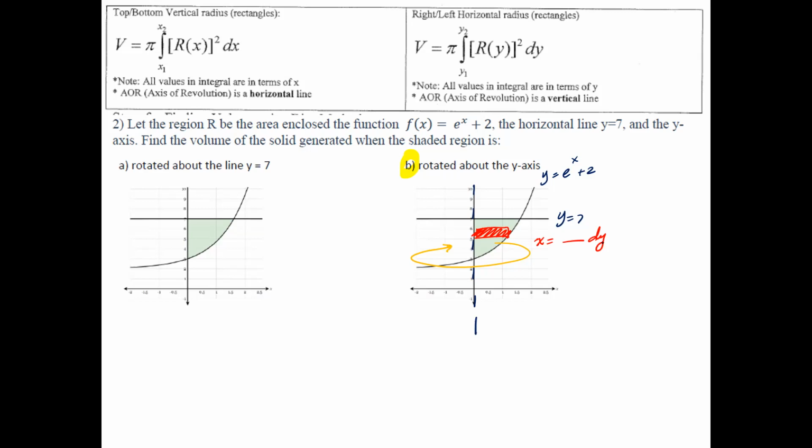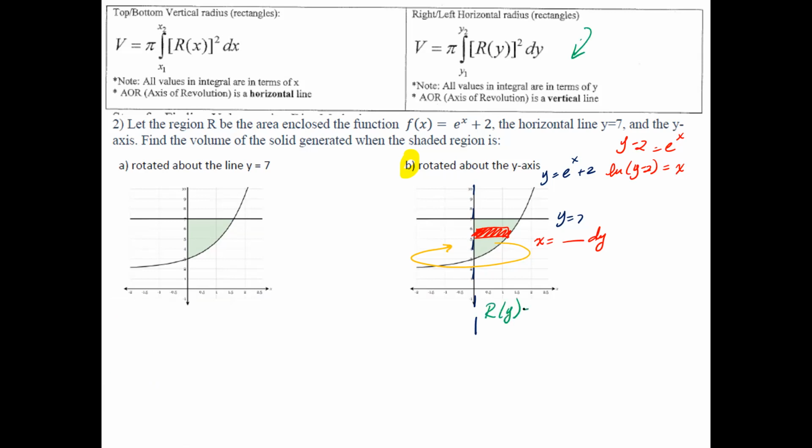So let's do that. I'm going to do y minus 2 equals e to the x. I need to get that x down, so ln of y minus 2 equals ln e to the x, the ln and e cancel, which is equal to x. So now you solve that. Let's now go ahead and see if we can find r of y, because we established that this is the equation to be using.